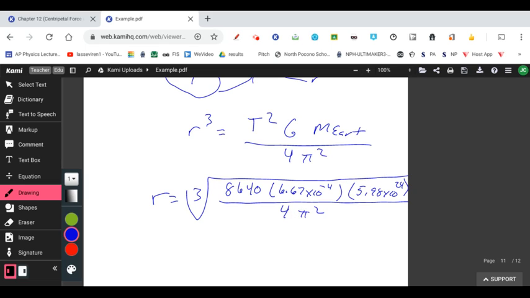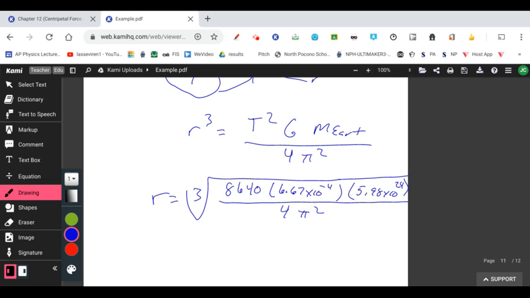Really tricky to stick this in your calculator. I would take the numerator's values and multiply them together. Make sure you use the scientific notation key on your calculator. So that's the EE key. So you would put in there 6.67 E negative 11 times 5.98 E 24. Don't type the 10 there. Then times the 8,640 that we started with.